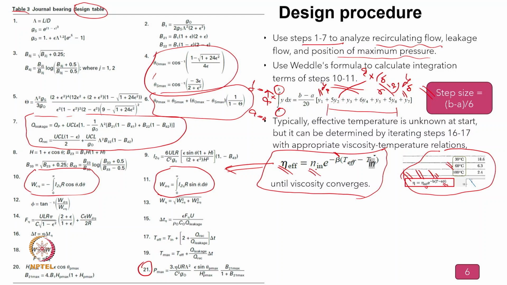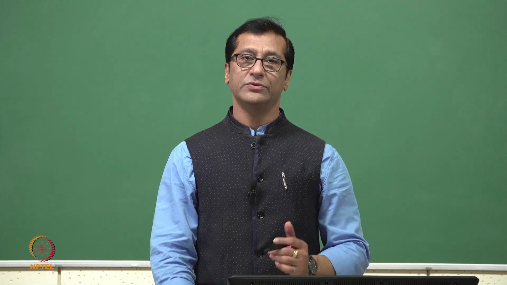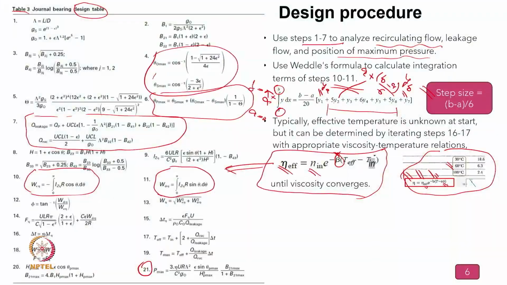So eta at the inlet temperature, whatever 30, 40, 50 we define, we will write that. Then beta can be calculated based on three or four viscosity values. You can use any curve fitting method to figure out the values.